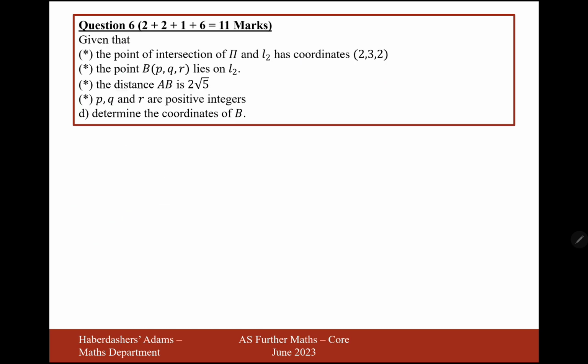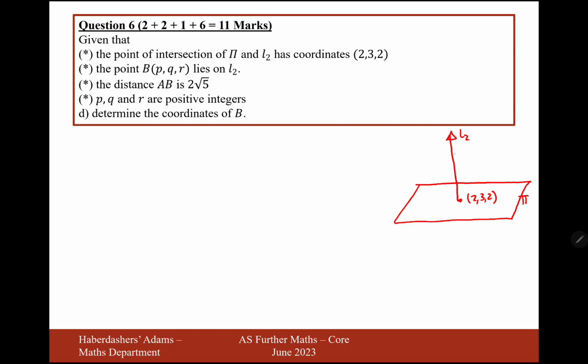Moving on to the big one, question D. Given that the point of intersection between pi and L2 has coordinate (2, 3, 2). If we visualize this, we know that L2 is perpendicular to the plane. So I'm going to draw L2 going up in that direction, and it's intersecting the plane at (2, 3, 2).